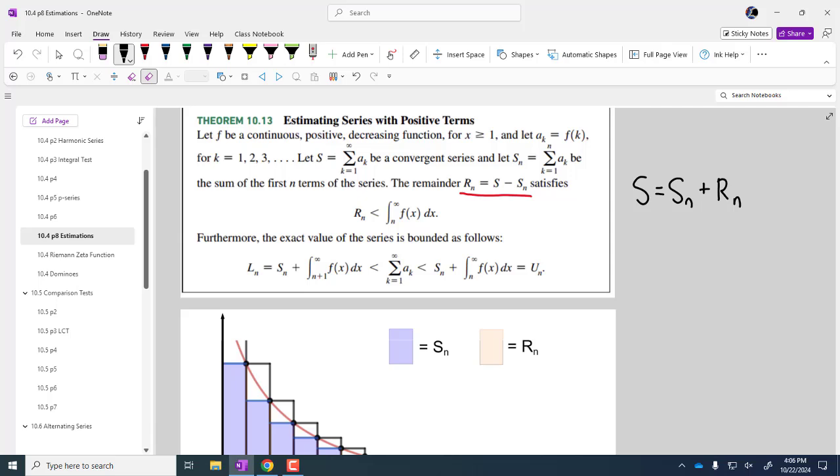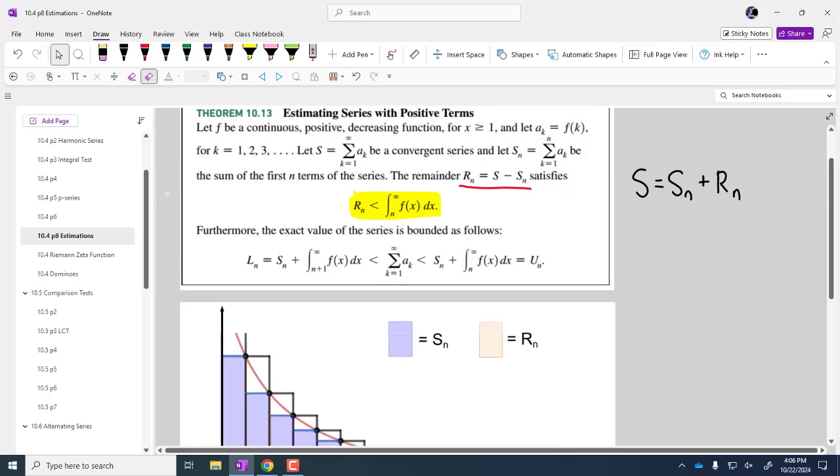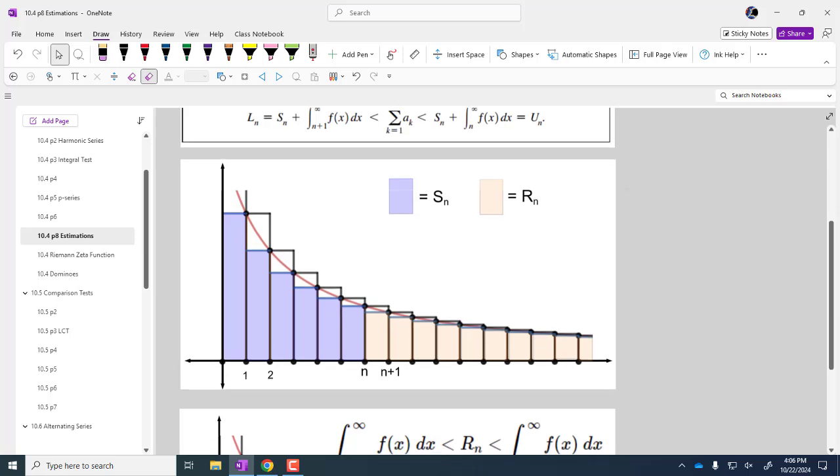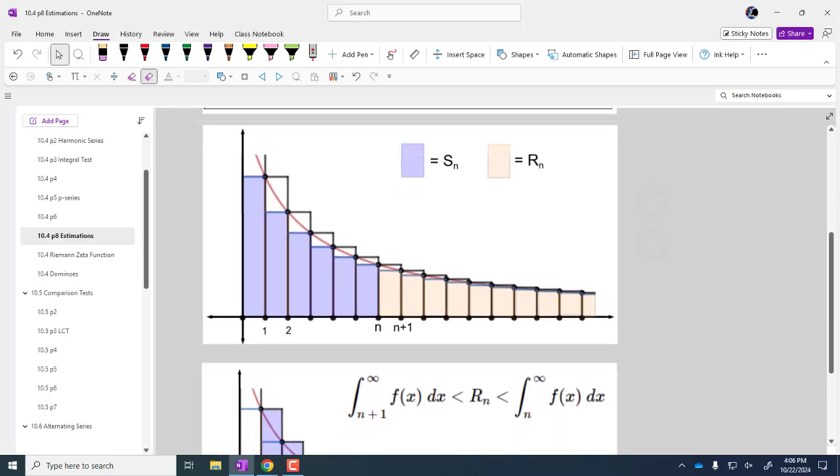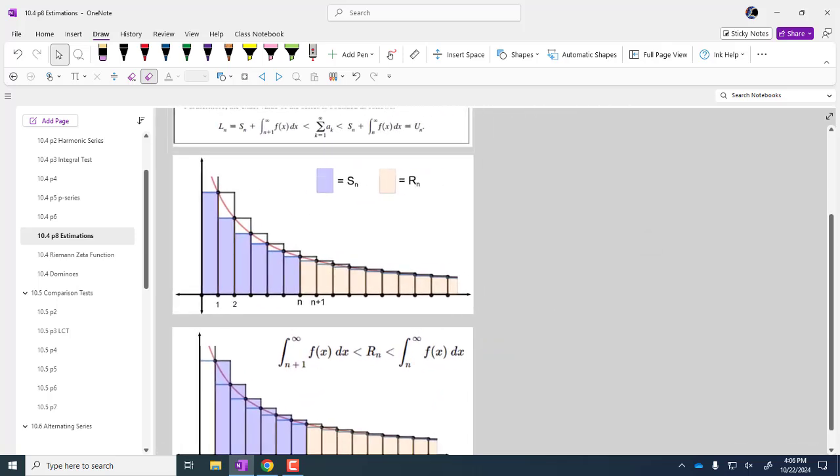So let's focus for a minute on this inequality right there. R sub n is less than that. Let's again look at this visual thing here. Let's shrink this a little bit so we can see more of it.